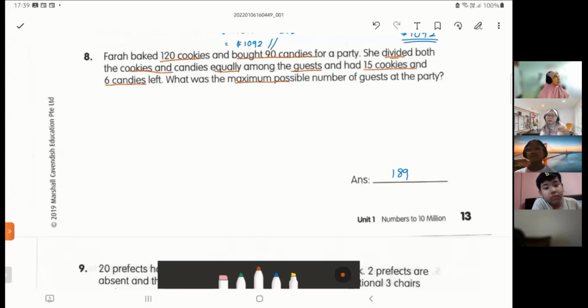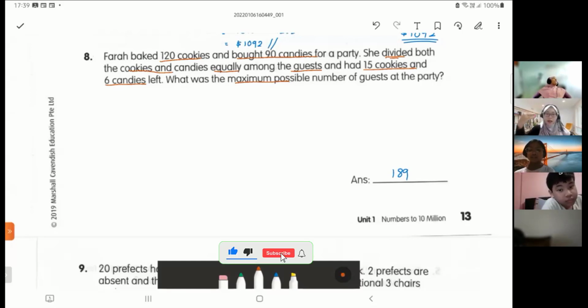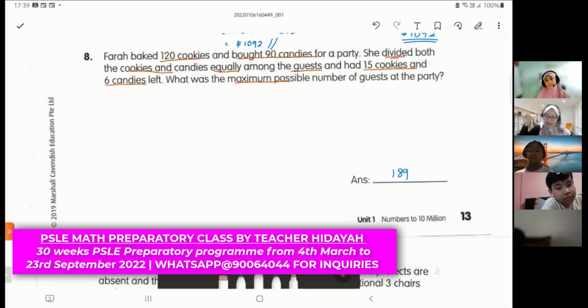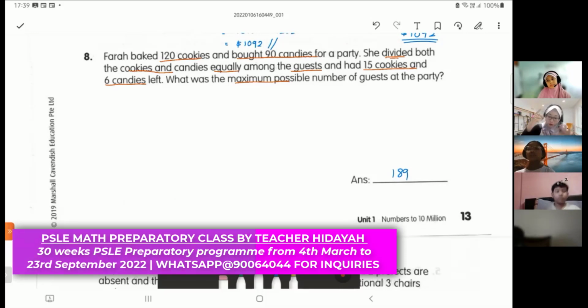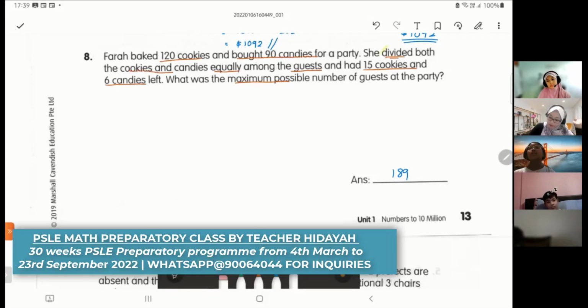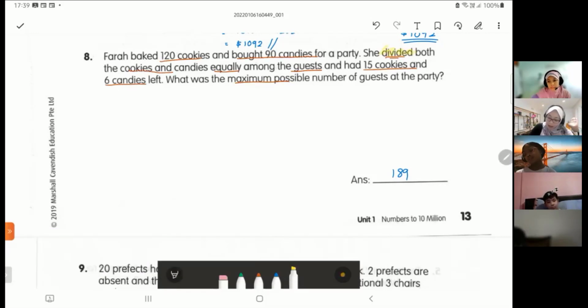So when you have a maximum number like that, you know that there will be something to do with division, or in this case, since I am dividing among people and I will have 15 cookies and 6 candies left over, I will have to look into factors.